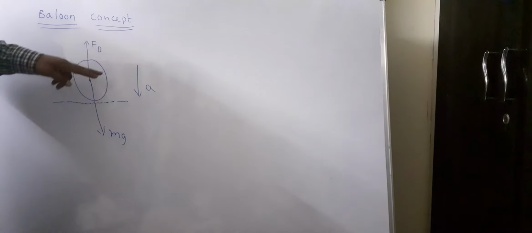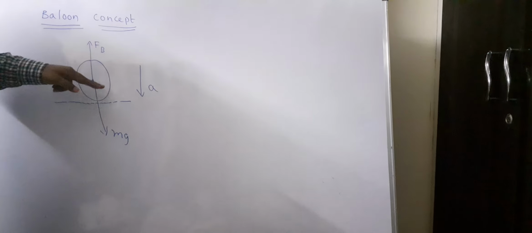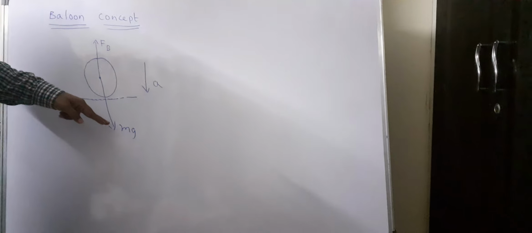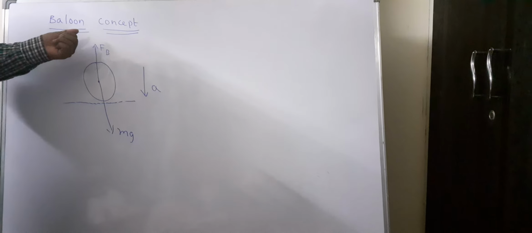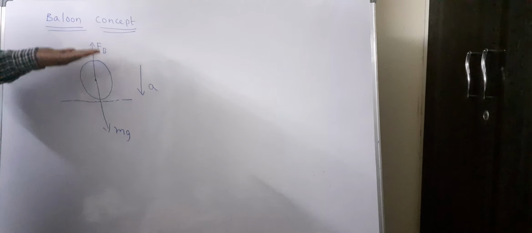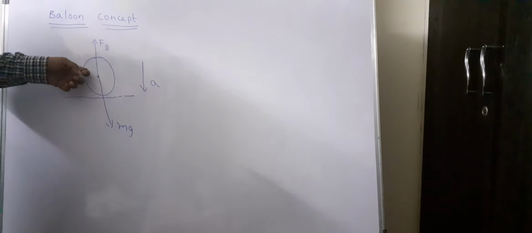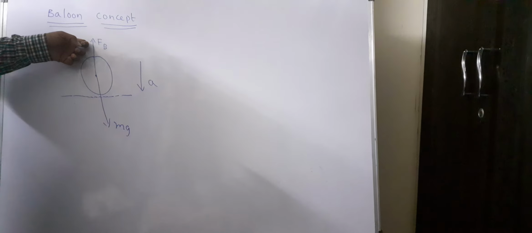Once again, I repeat the question. This is the balloon. Weight is always vertically downwards. Because of air acting on the balloon, the upward force acting on the balloon is the force of buoyancy.